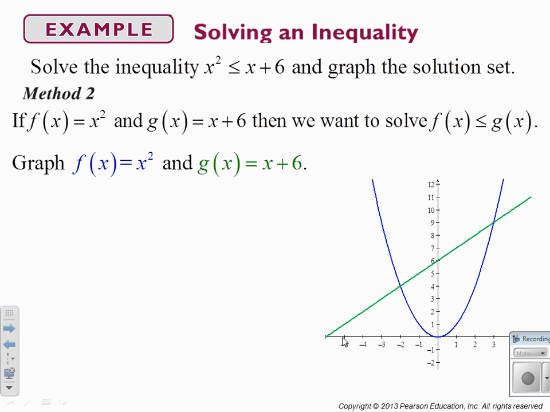All right, so we know how to graph y equals x squared because that's our parent function for our quadratic. And we know how to graph x plus 6 because that's our linear function. We did a whole doggone chapter on that. So we graph the two, and we want to find where x squared is less than our x plus 6.